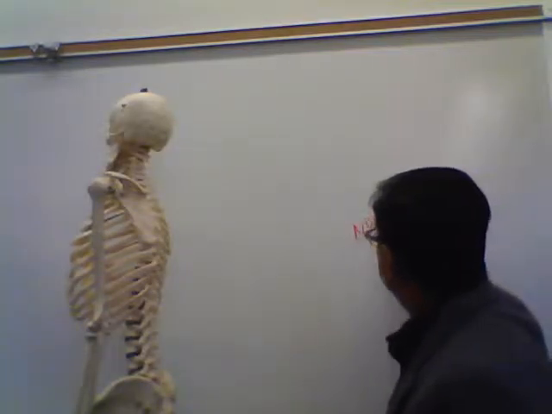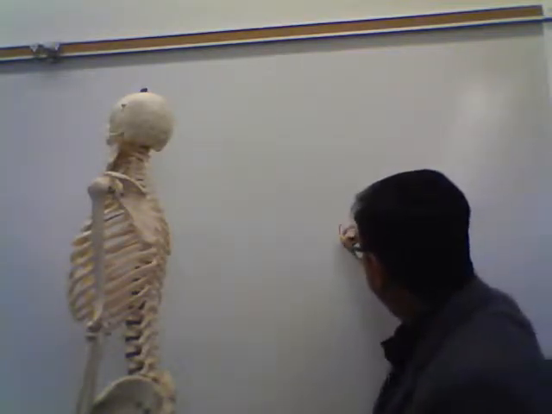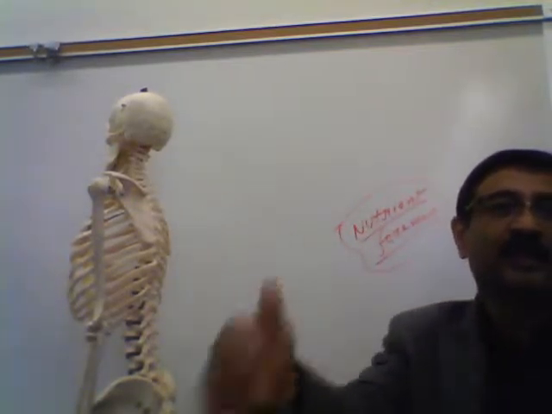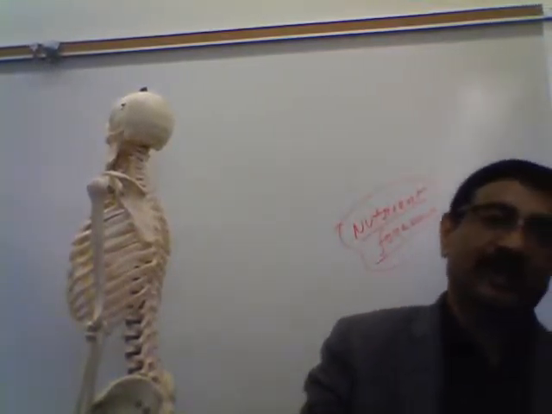And nutrient foramen is for the nutrient artery. Nutrient artery enters into the bone through the nutrient foramen. Okay. So those are the things you see in a femur.